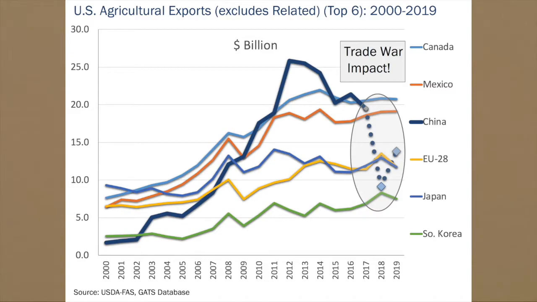China had gone from being a relatively insignificant buyer to, at one point in the early 2010s, around 2011 and 12, being the leading market for U.S. agricultural exports. One of the things I want you to see is that at some point it went back and forth with Canada, but note the significant decline in exports to China as a result of the trade war.